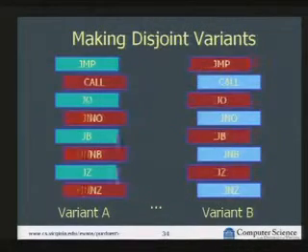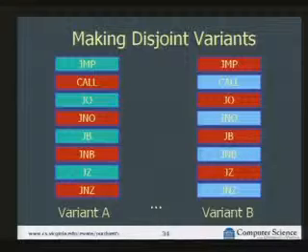So we're going to take the other instructions and make the way we execute these two variants so that all of those instructions cause them to crash.